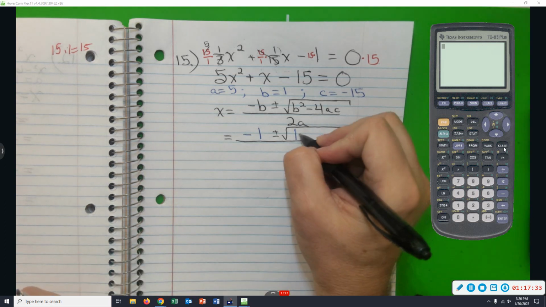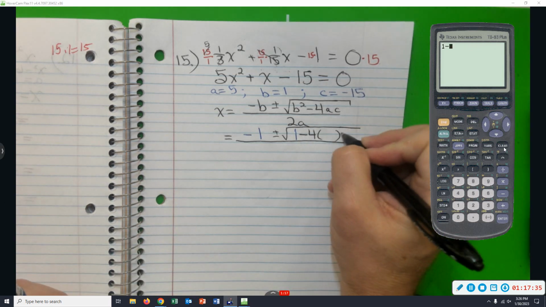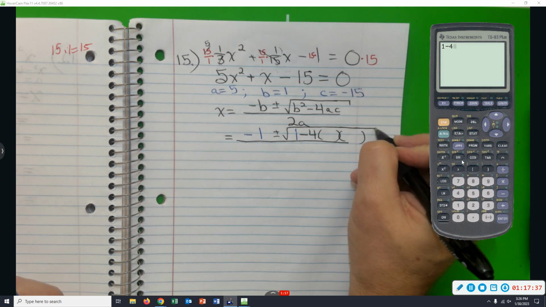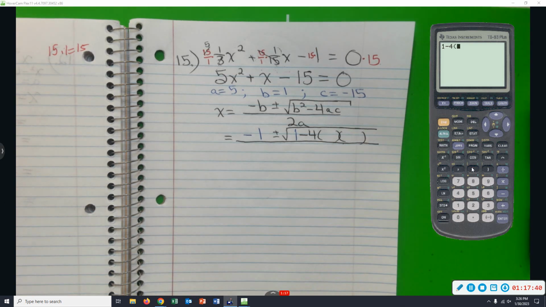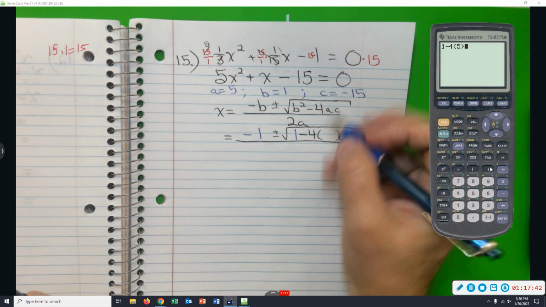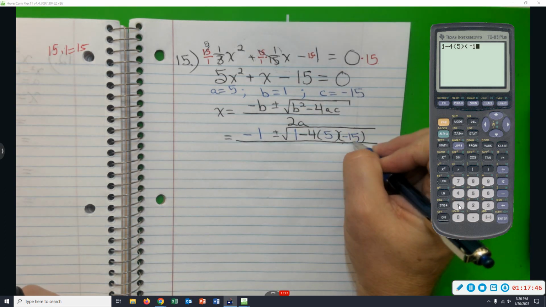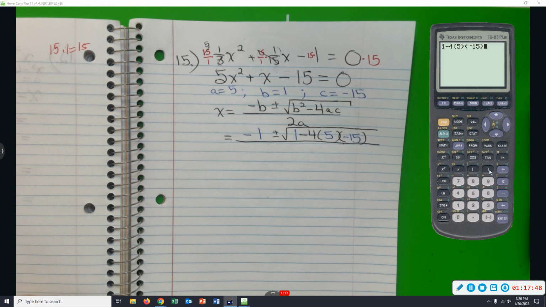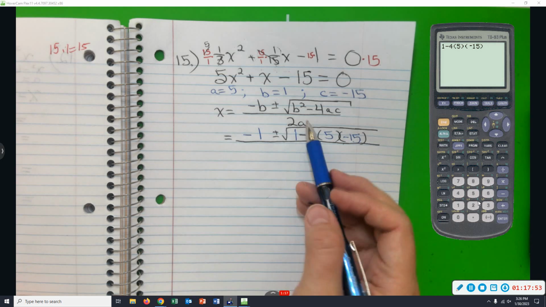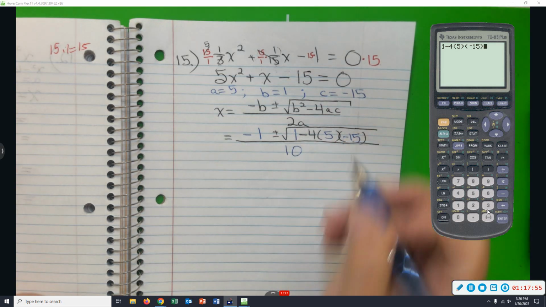Minus 4 times A times C. A is 5. C is negative 15. All over 2 times A, 2 times 5 is 10. Good.